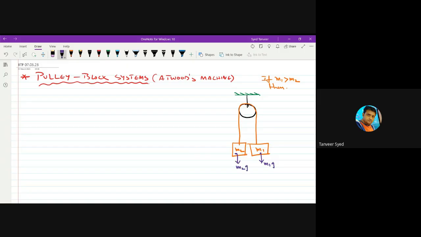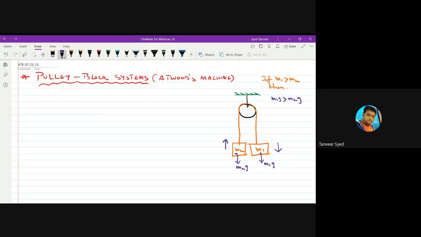As m1 is greater than m2, m1g is greater than m2g. That means m1 will go down and m2 will go up, because the string is inextensible and massless. So m1 comes down, m2 goes up.